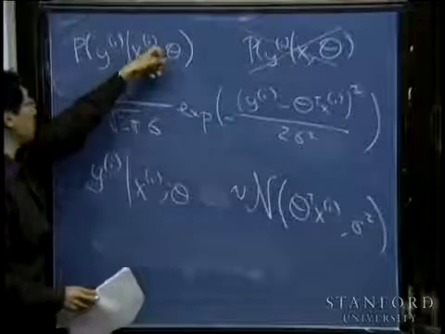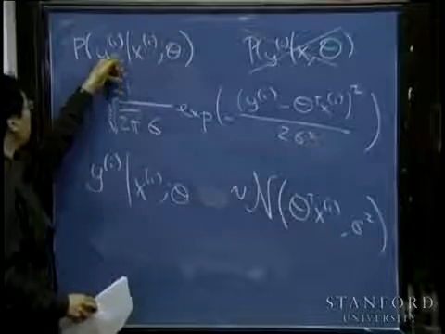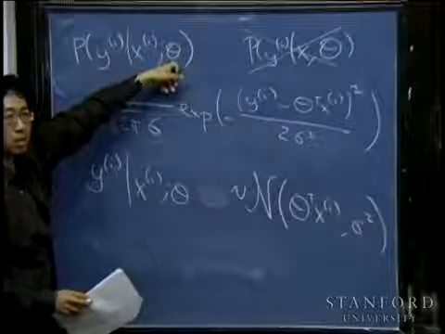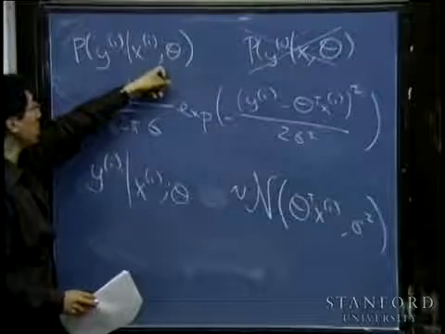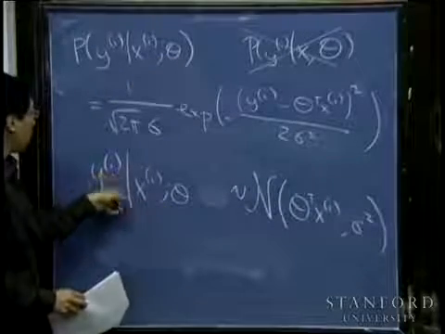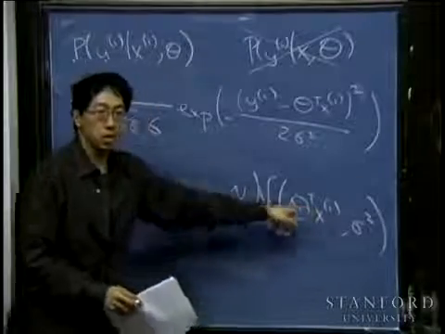I'll use the semicolon notation. And so the way to read this is the probability of yi given xi and parameterized by theta. Okay, so you can read the semicolon as parameterized by. And the same way here I'll say yi given xi parameterized by theta is distributed Gaussian with that.